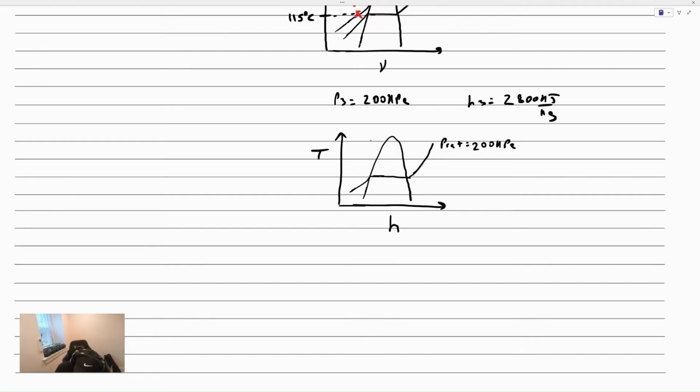Now, we're not sure what Tsat is, but we can go ahead into our property tables and find out what that is. And our general strategy here is to compare this enthalpy that we're given to an HF and an HG value at our given saturation pressure.